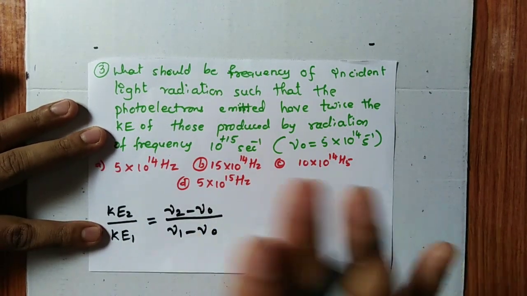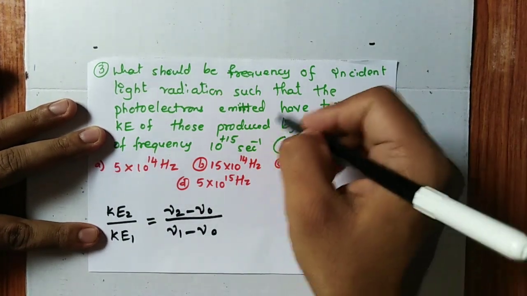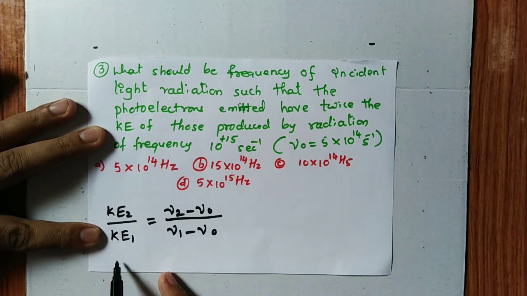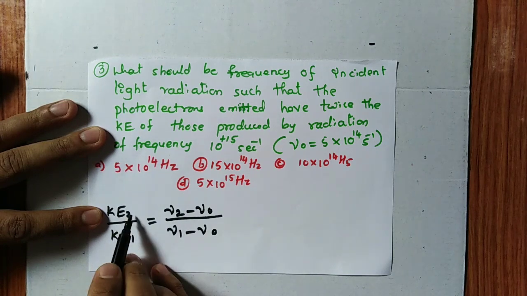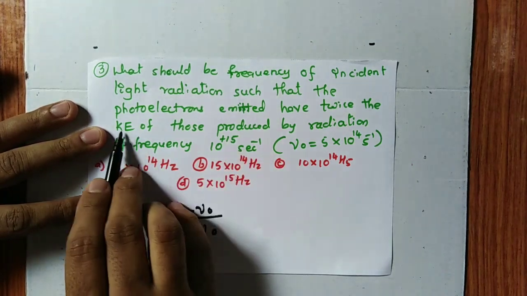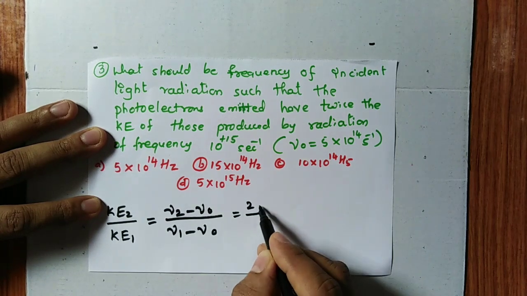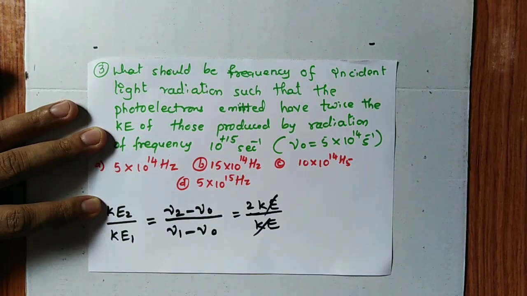So h into nu minus nu naught, right? Nu naught remains the same for both, even when the kinetic energy is twice. Hence I have taken this. Now kinetic energy 2 is twice that, so KE2 divided by KE1 is equal to 2.